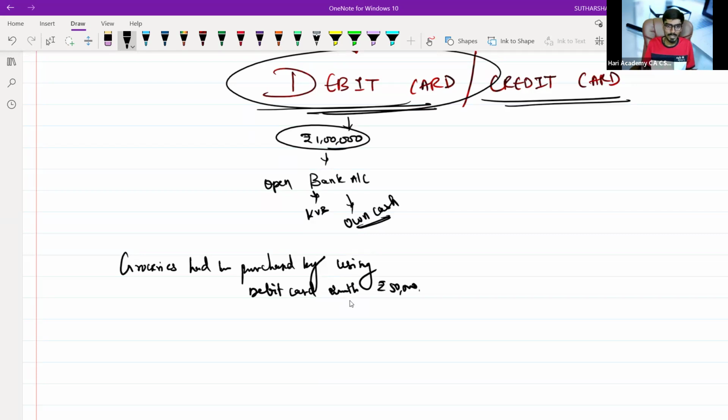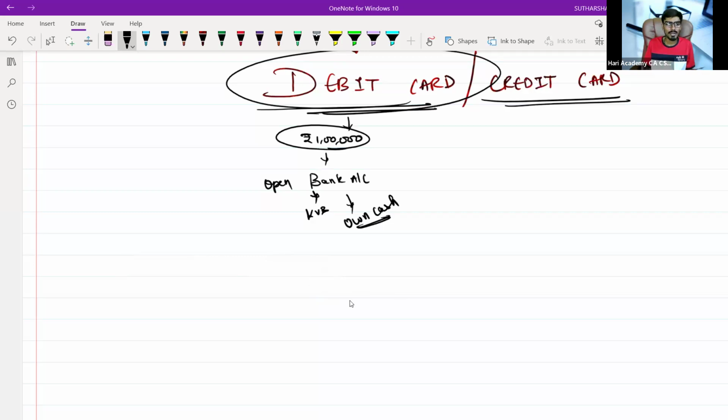Or alternatively, instead of groceries, goods purchased for rupees 50,000 using debit card.